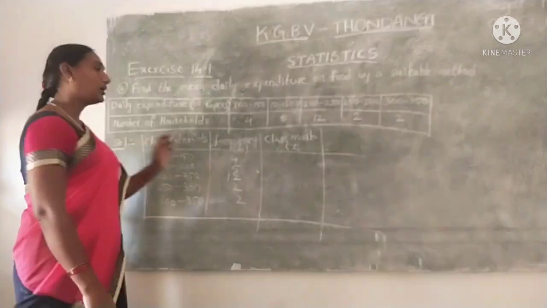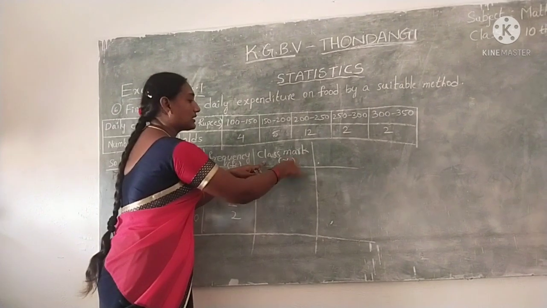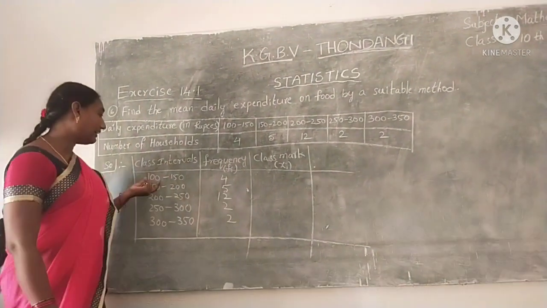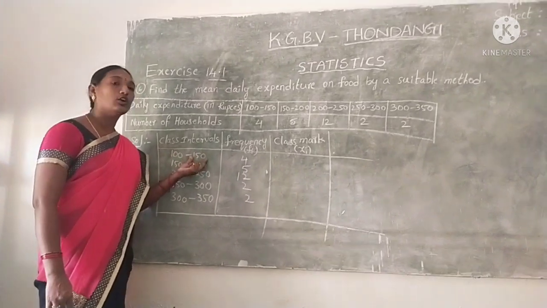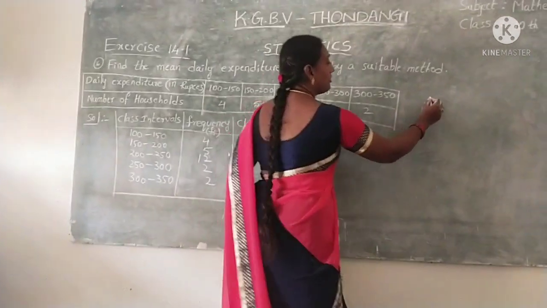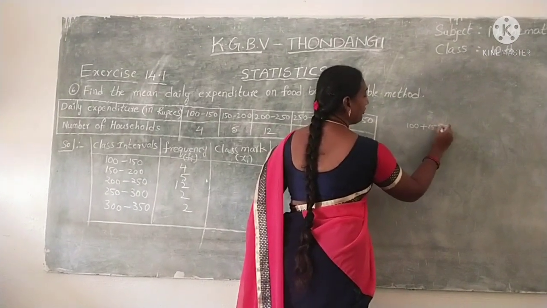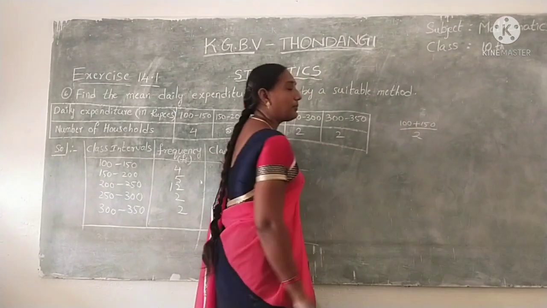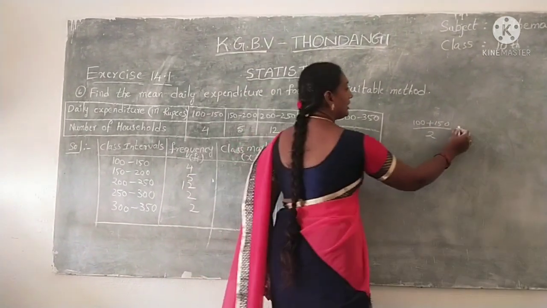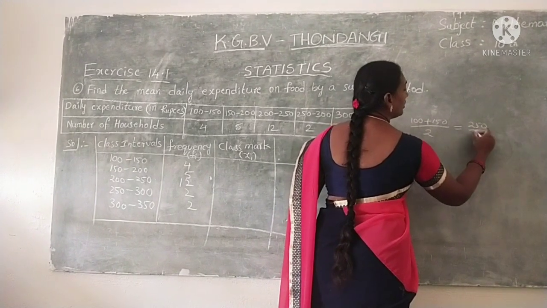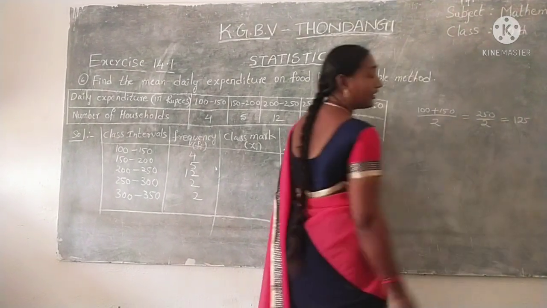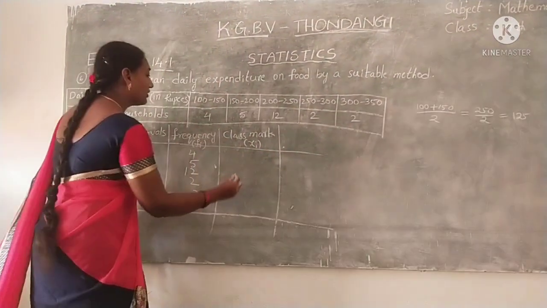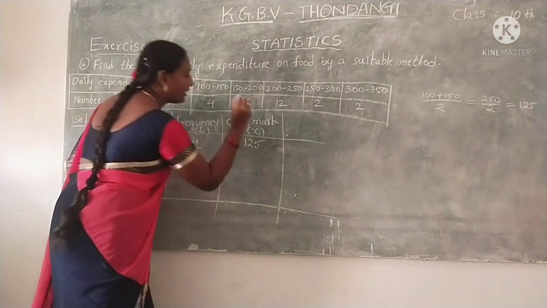So, what are the mid values? That means the class mark. For 100 to 150, the average of 100 and 150, that means 100 plus 150 by 2, equals 250 by 2, which is 125.